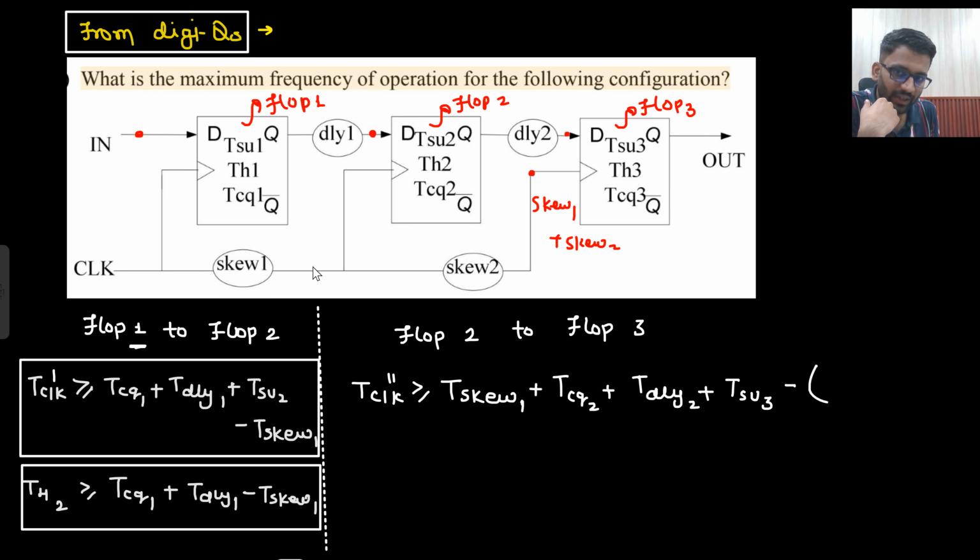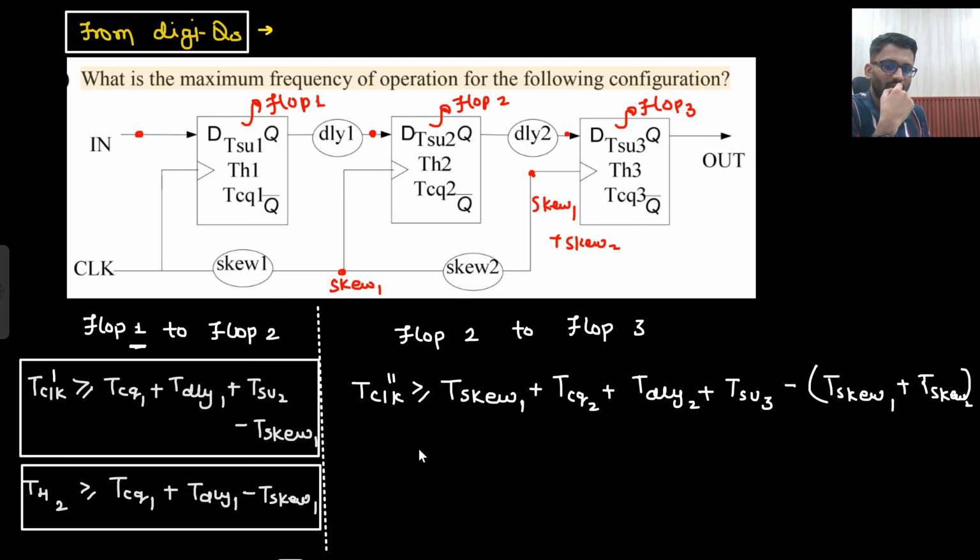Because if you are starting from here, you will have skew 1 delay till this point. So if you are reaching here, that means you are having this much of delay, no? So this clock is having T skew 1 plus T skew 2.